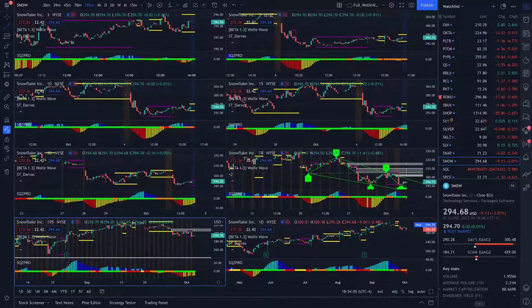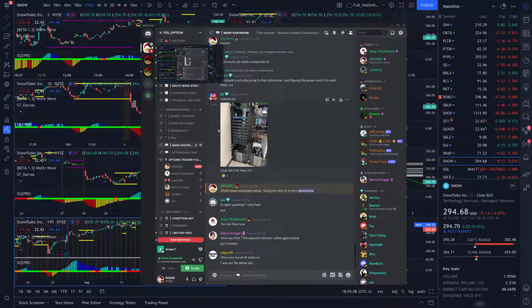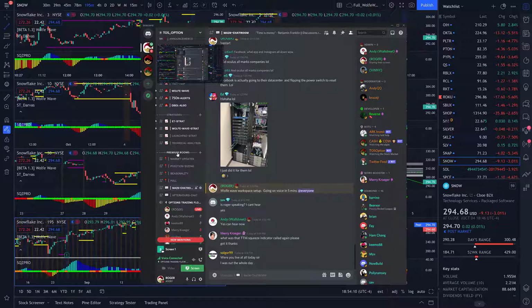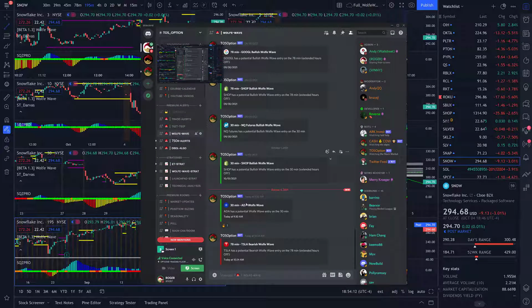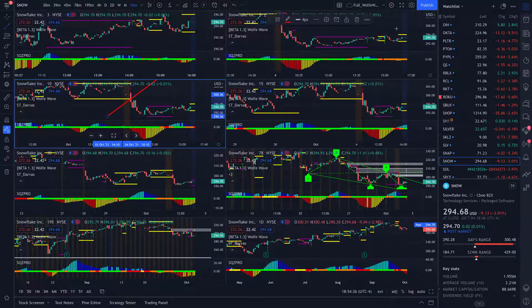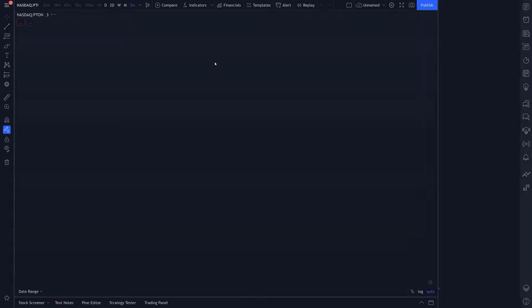Okay, and then what we also have available is the Wolfe wave alerts. So these things will also alert in the channel, and then you would just simply go, Tesla has a potential bearish Wolfe wave entry on the 78-minute with extended hours off. So if that's the case and I want to take a look at that, I would open up a new chart layout.